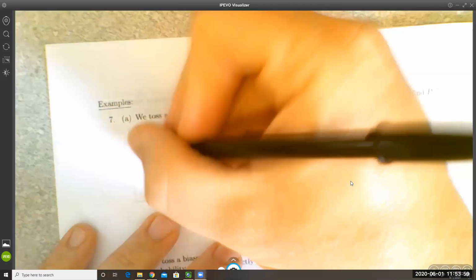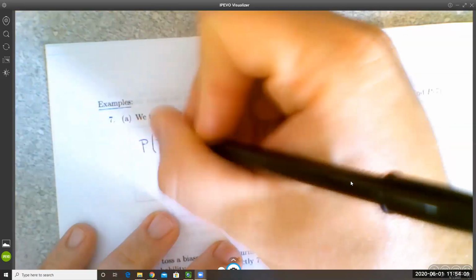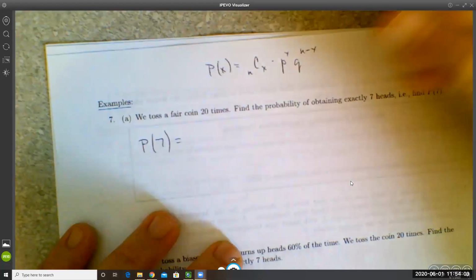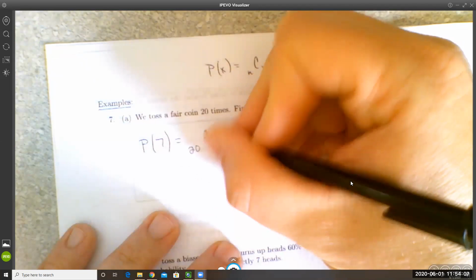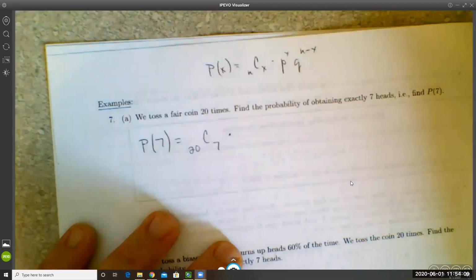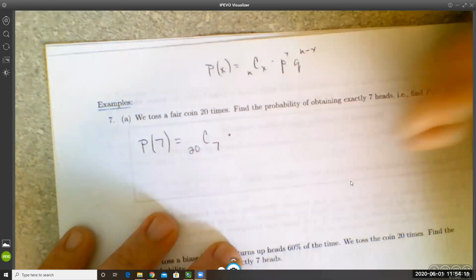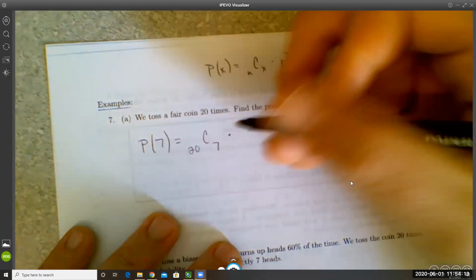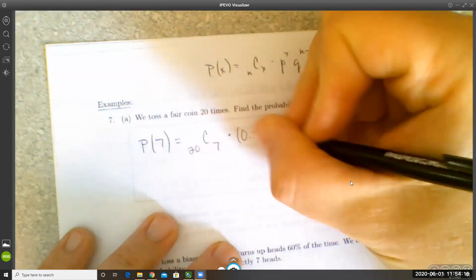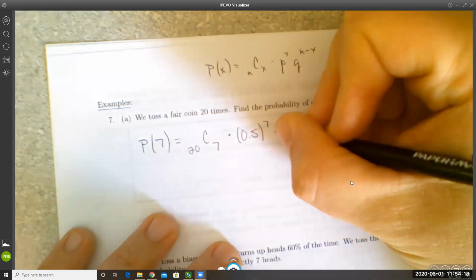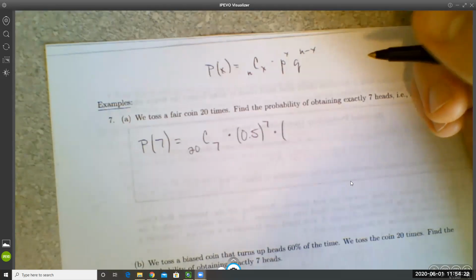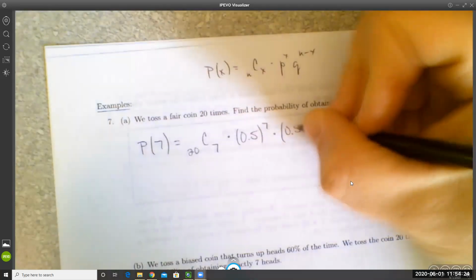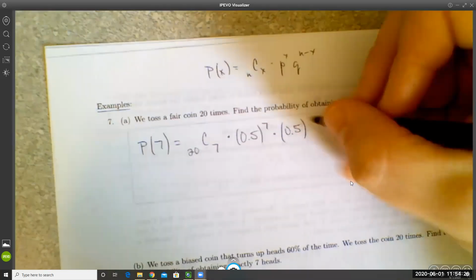Well, we have 20 trials, so it's going to be 20 choose 7 times p to the 7th. If we're tossing a fair coin, the probability we flip heads is 50%, and if we have a 50% chance of flipping heads, then we have a 50% chance of flipping tails, so times q to the 20 minus 7.